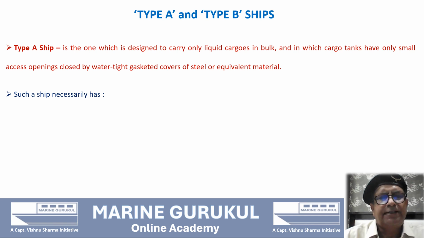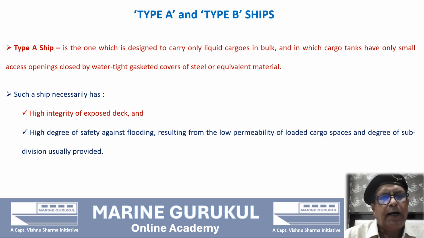Such a ship necessarily has high integrity of the exposed deck. Why? Because of the small access openings on deck to the cargo tanks compared to large hatchway openings in dry cargo ships. There is a high degree of safety against flooding resulting from low permeability of loaded cargo spaces and a higher degree of subdivision.